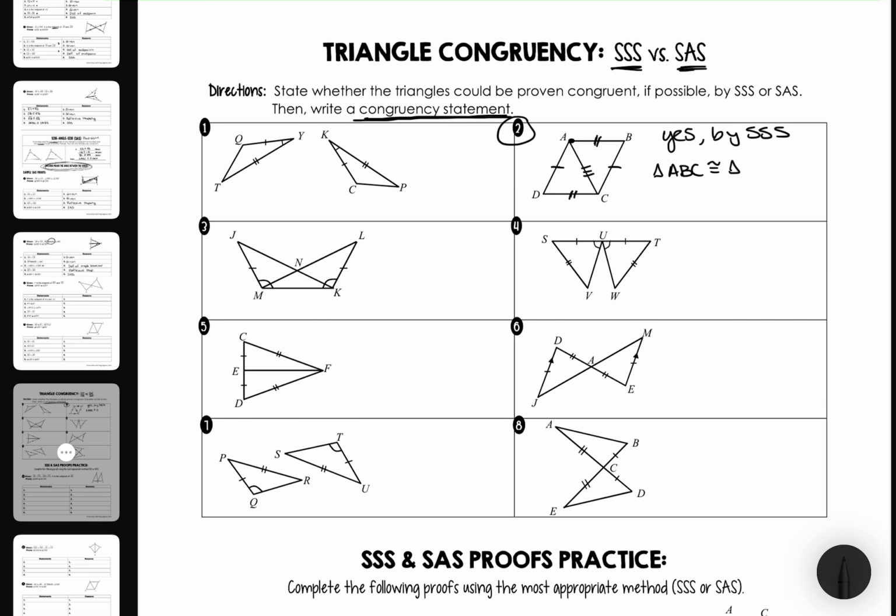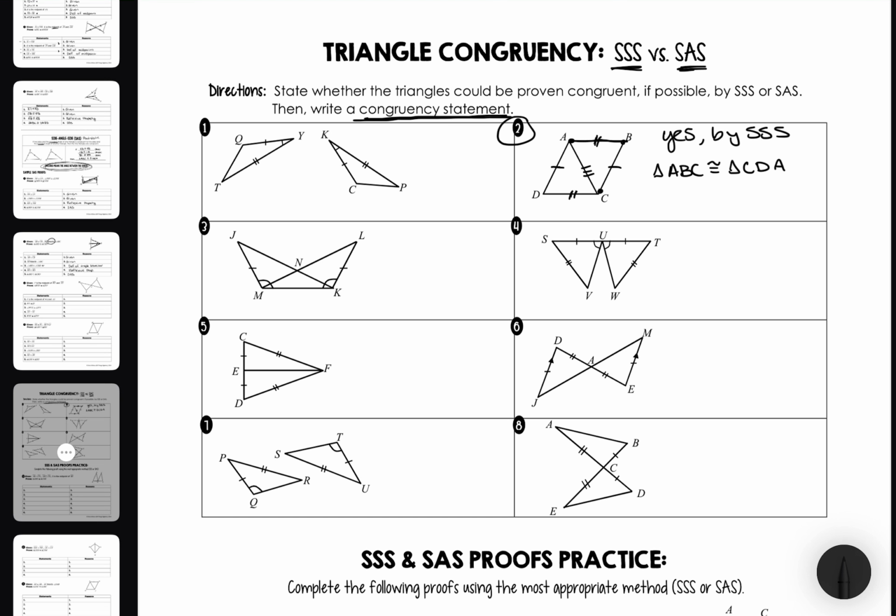Okay, if I'm starting up here at A, then I went to B, then I went to C. Well, side AB is congruent with side CD over there. So this is going to be triangle C. And then if I said ABC, I would want this to be triangle CDA over there.